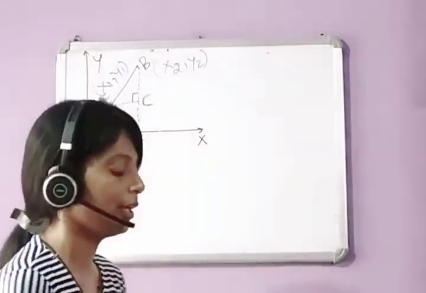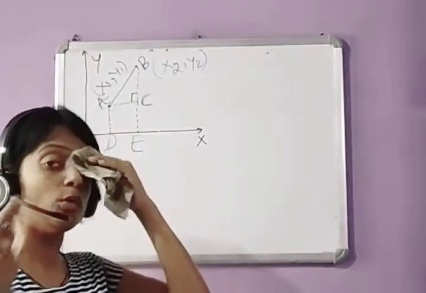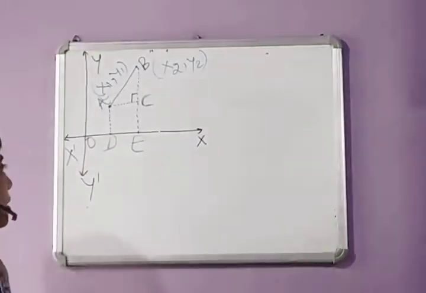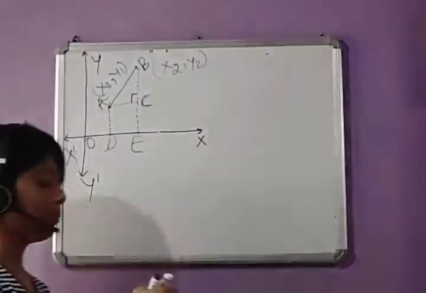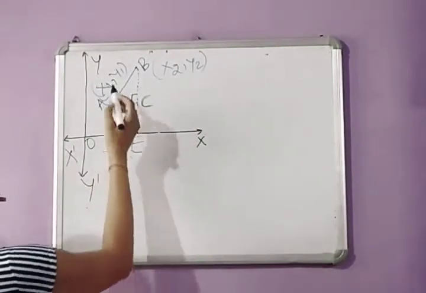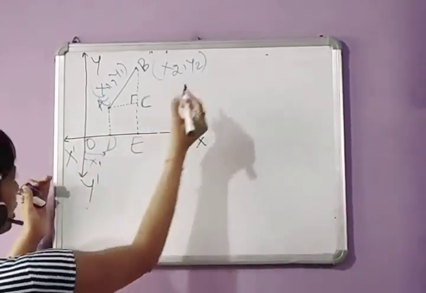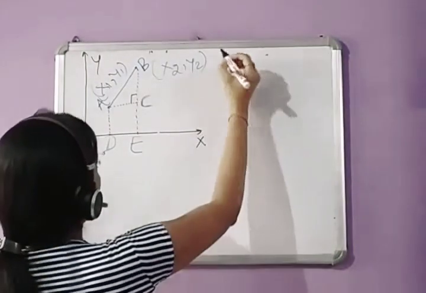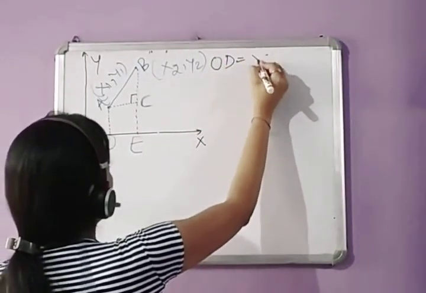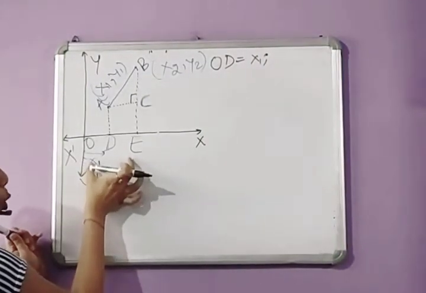We will calculate them. You know very well that the perpendicular distances from the x-axis and y-axis are y and x respectively. So this will become my x1. OD will become x1, and what is OE?